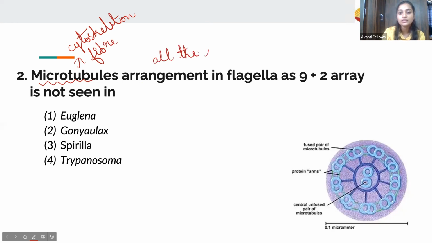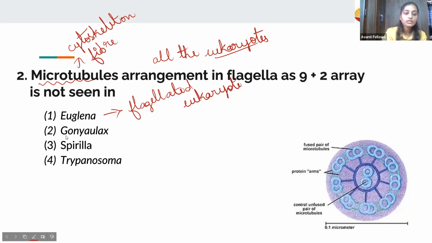Correct? So let's see which are not eukaryotes here. Euglena. We all know that Euglena is a flagellated eukaryote.